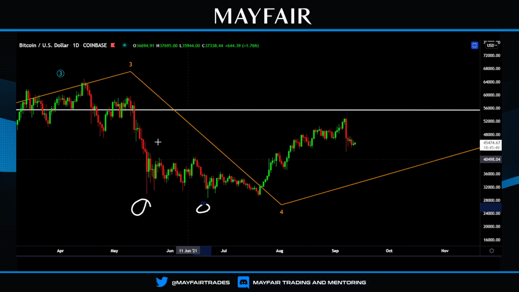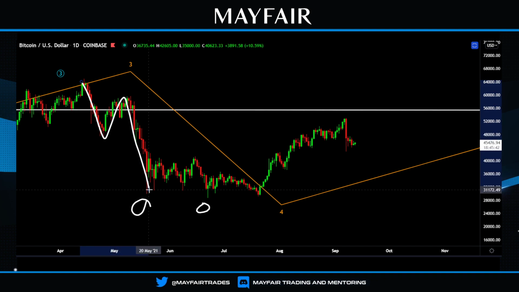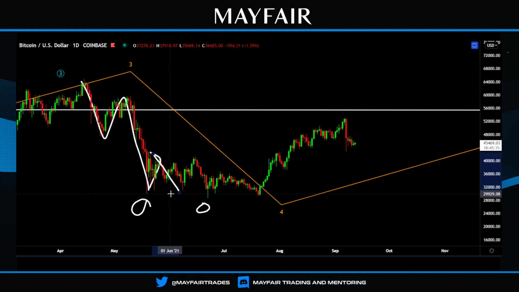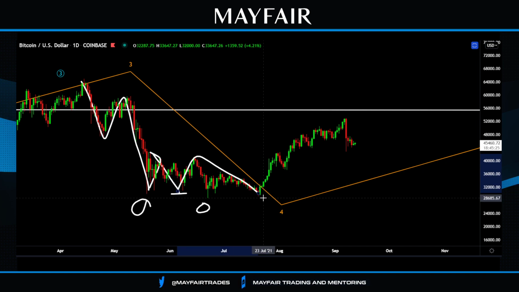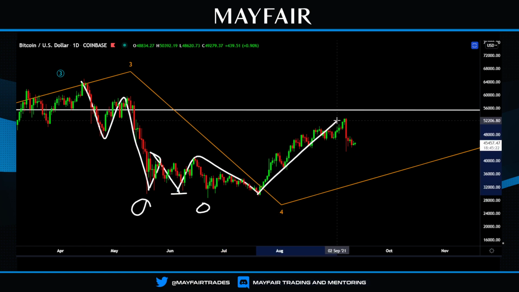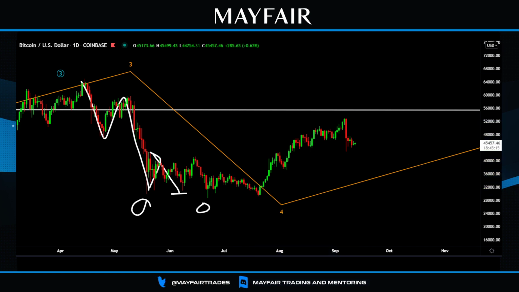So that's the first thing, which means I feel more comfort in the fact that we had this A, B, C, but ultimately we've had another move back up, which was actually over here almost immediately before coming back down, which gives us a 5, and therefore a 3 and a 5 move could actually give us something that looks then like this. So a 3, a 5, we're looking for potentially an extended flat type move, and therefore that still gives another potential scenario.